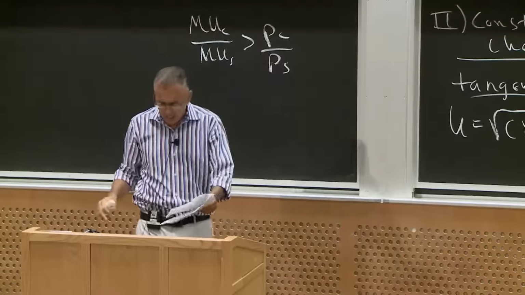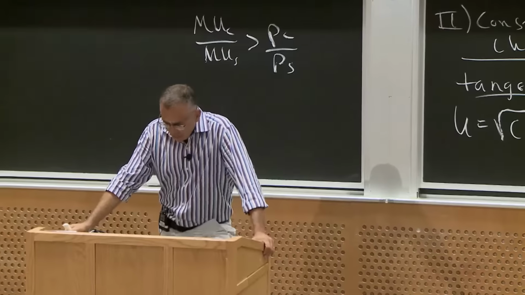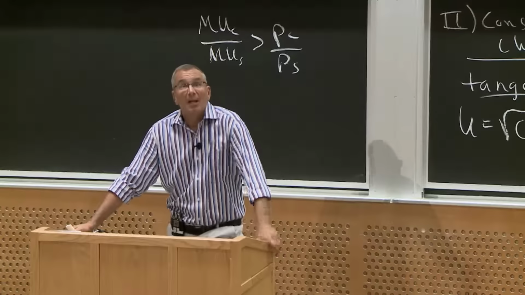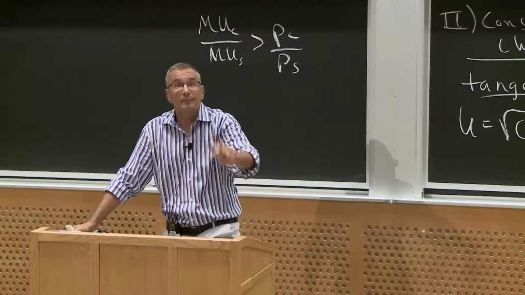Can anyone tell me what point on this graph would illustrate that? Of the labeled points, which point would illustrate that disequilibrium and why? Which point illustrates a higher ratio of marginal utilities than prices? It's a hard question. Can anyone get that one? Yeah, go ahead.